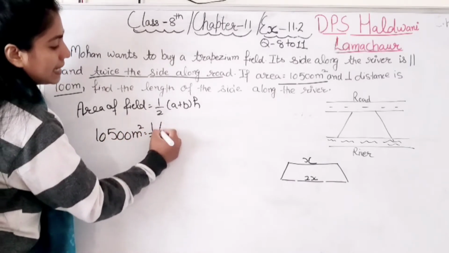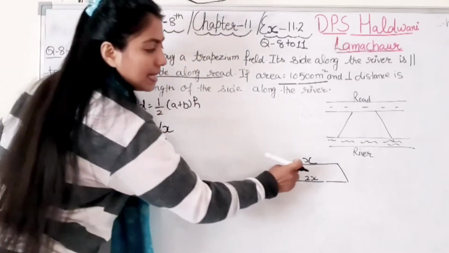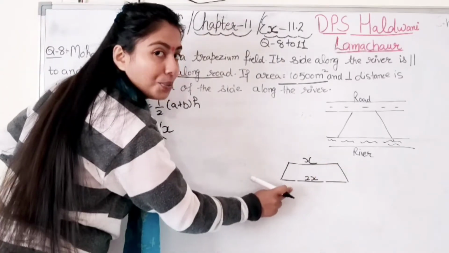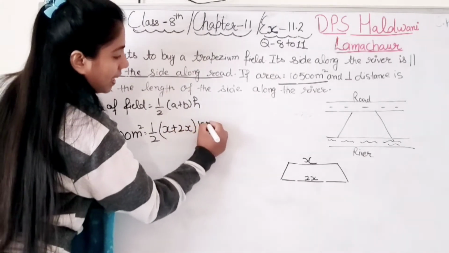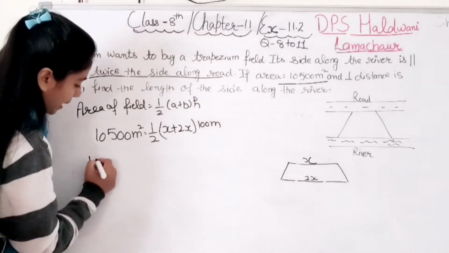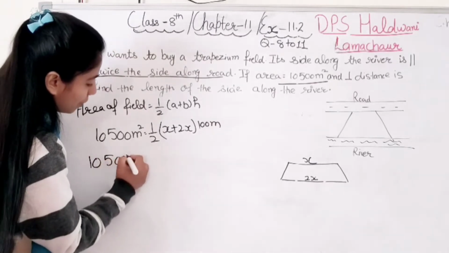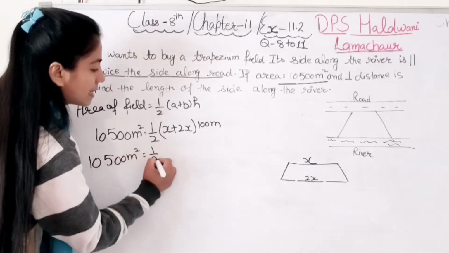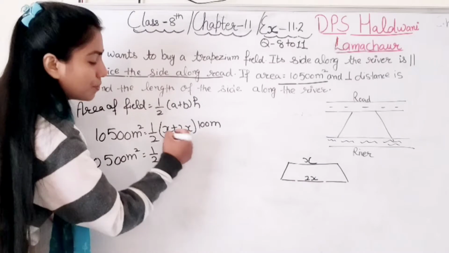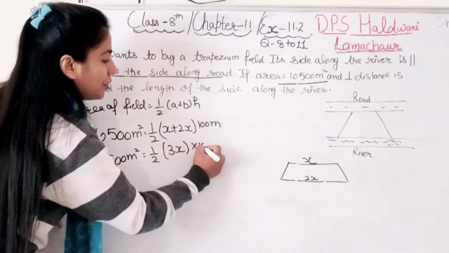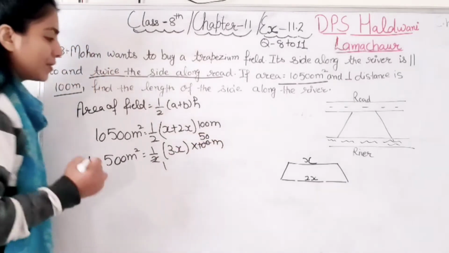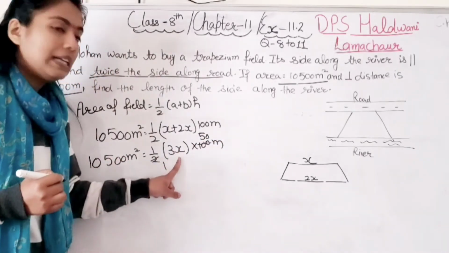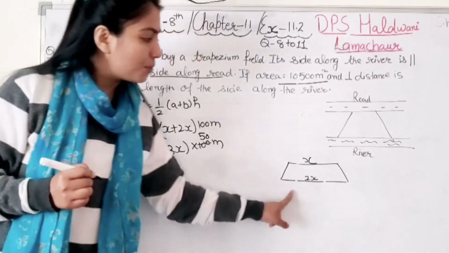Here a is x, because this side is a and the second side is 2x, so half into (x plus 2x) into h, 100 meters. So 10500 meters square, it's just calculation: x plus 2x is 3x, into 100 meters, and half of it cancels out to 50 meters. So we need to find the x value, because the side is 2x.